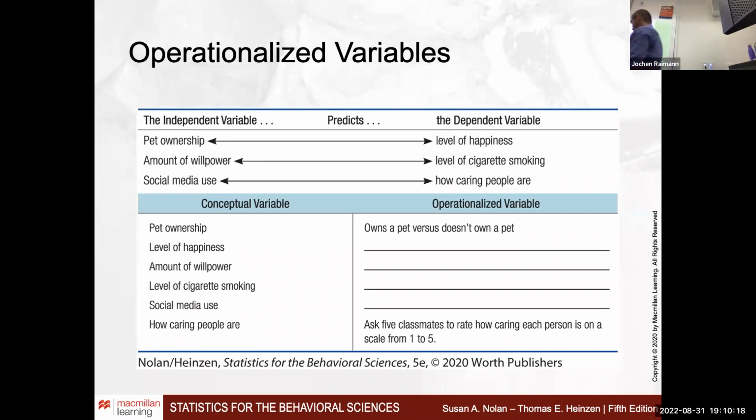So this is where the concept moves into operationalization. And operationalization is nothing else but defining the outcome measure and defining those categories which you are interested in to find the effect on.